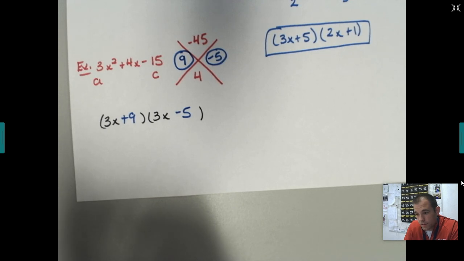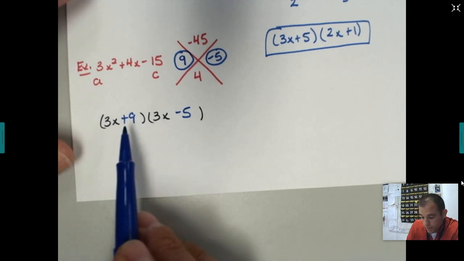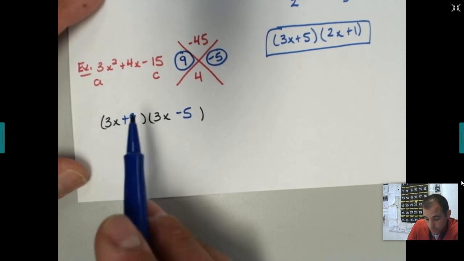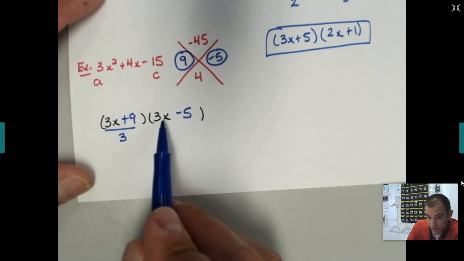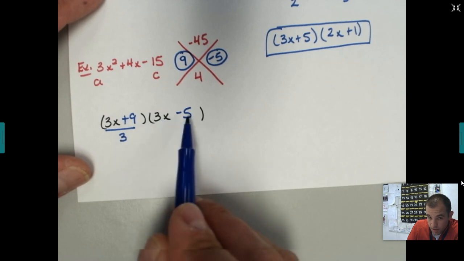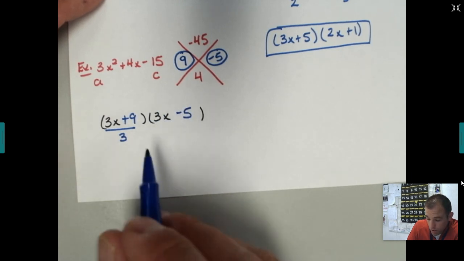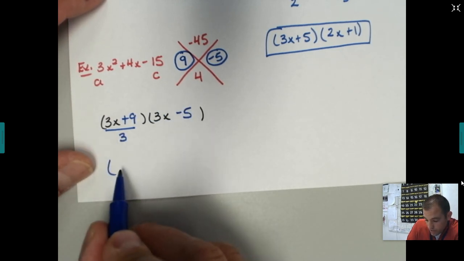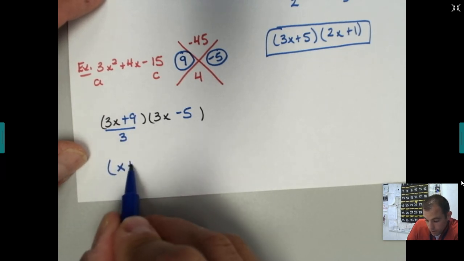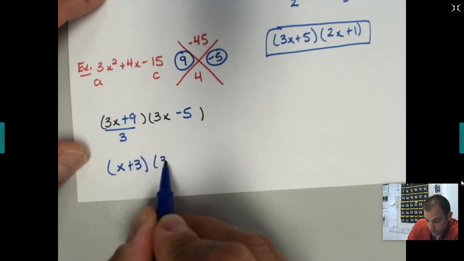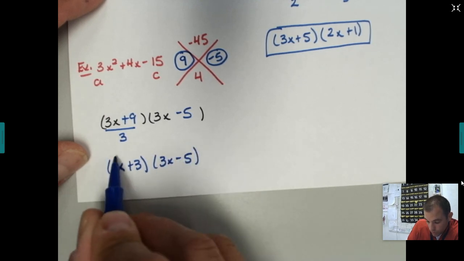And then I look to see if I can divide. 3 and 9, I could divide them both by 3. 3 and 5, I can't divide by anything. So this second one's not going to change at all. So the first one, 3 divided by 3 is just 1x. 9 divided by 3 is 3. And the second one isn't changing, 3x minus 5.